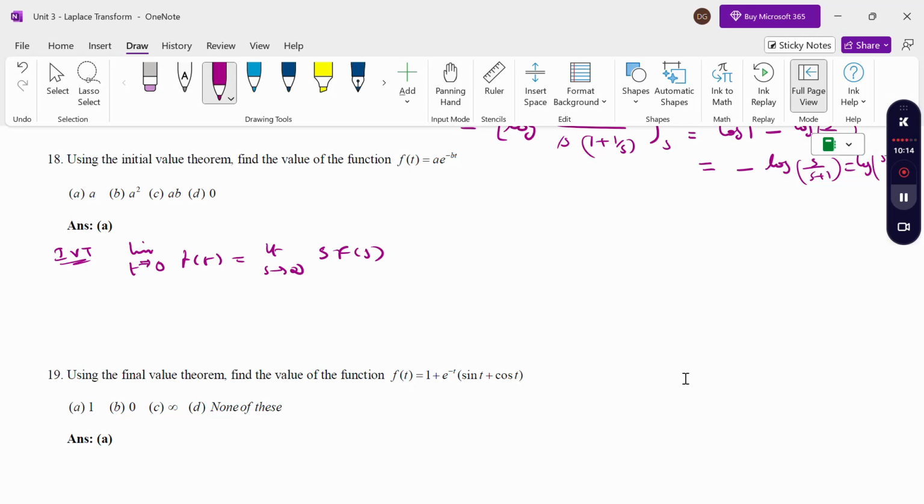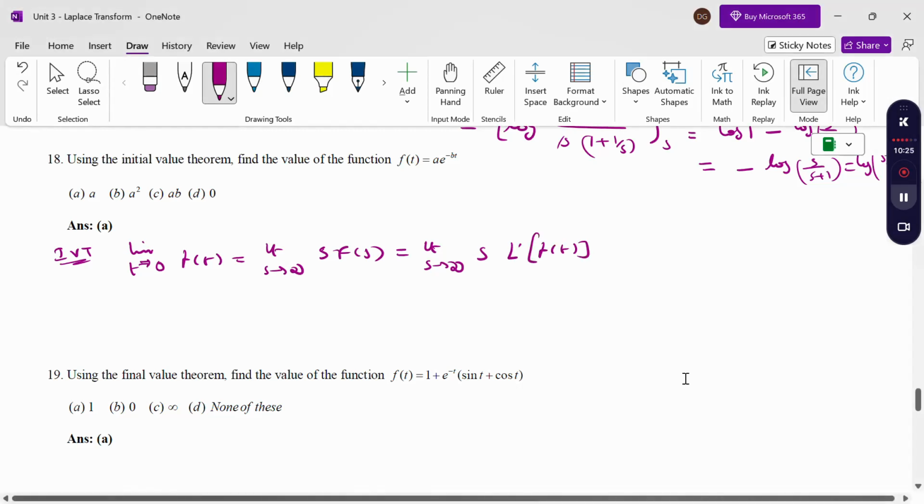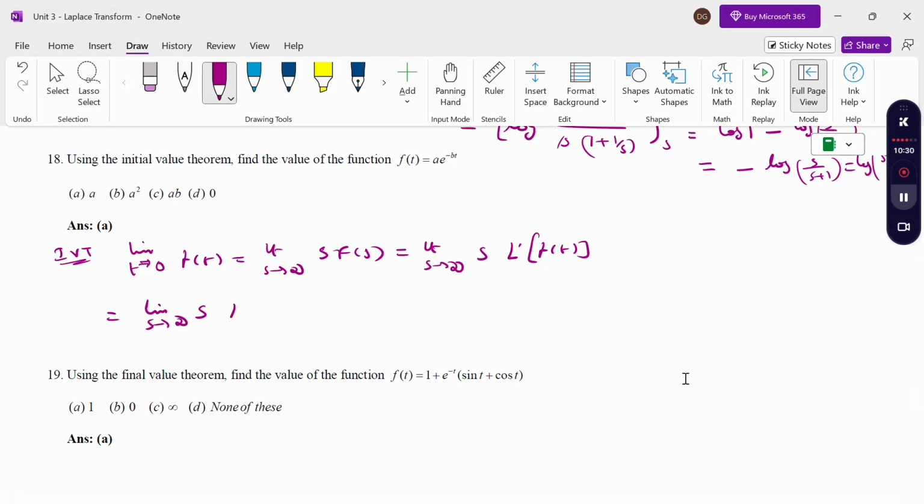Now to find this term, f of t equals limit s tends to infinity of s into L of f of t. So L of f of t, limit s tends to infinity s into L of a e power minus bt.